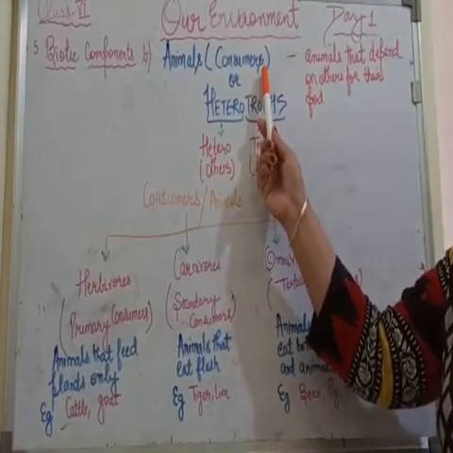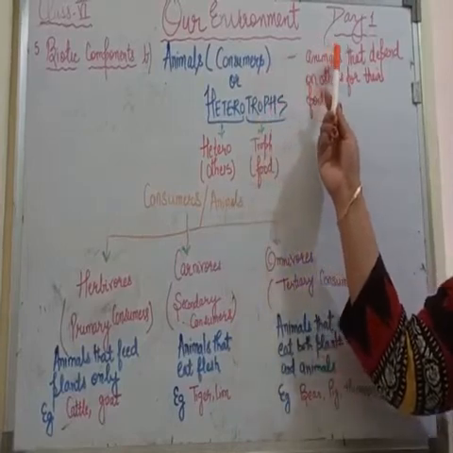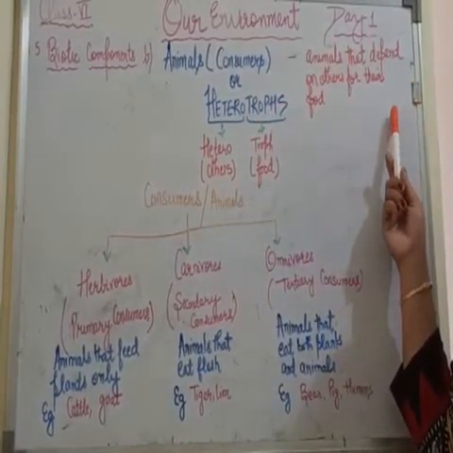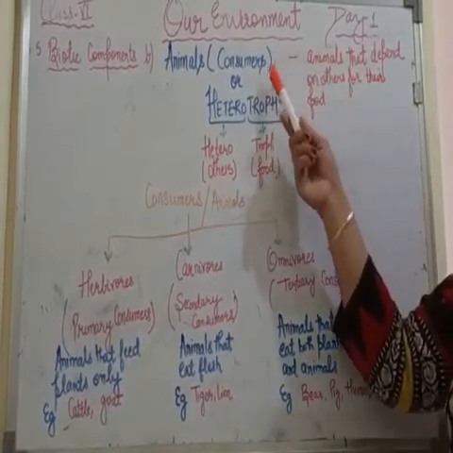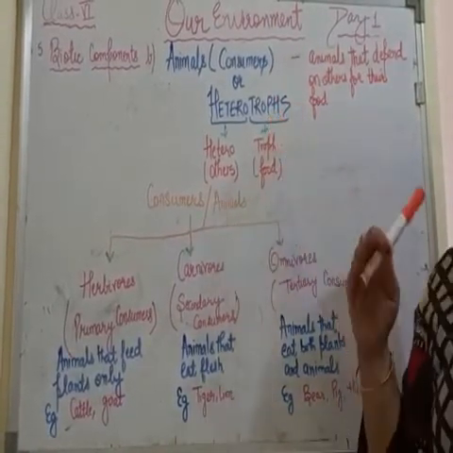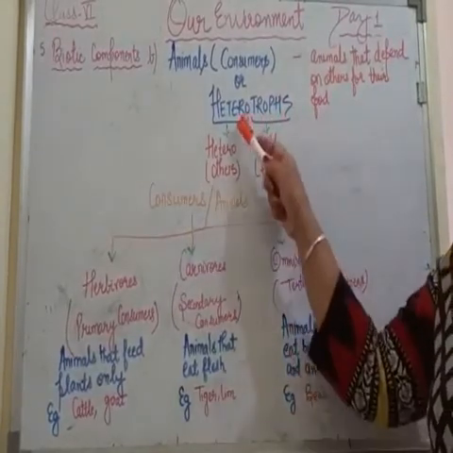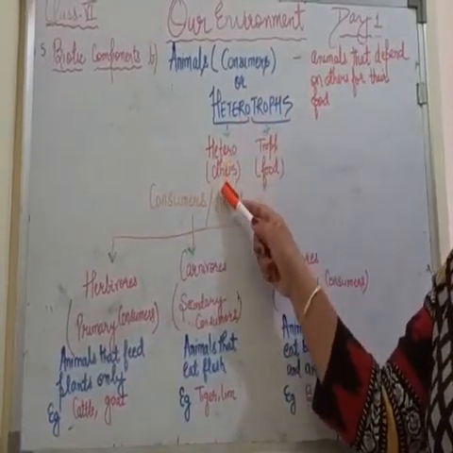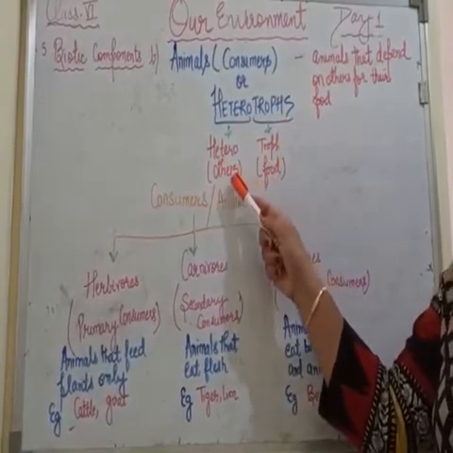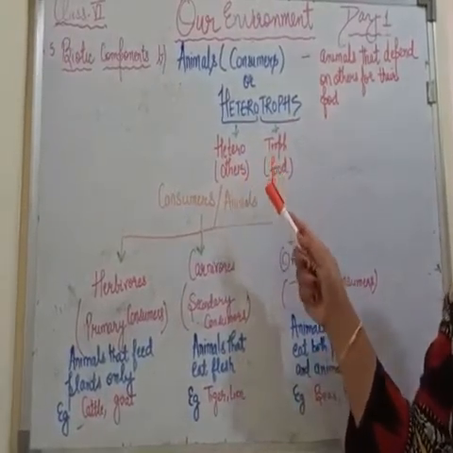Why they are called consumers? As such animals, they do not make their own food, they depend on others. Consumers are also called heterotrophs. When we split this term heterotrophs, hetero means others, troph means food, means such animals which depend on others for their food.